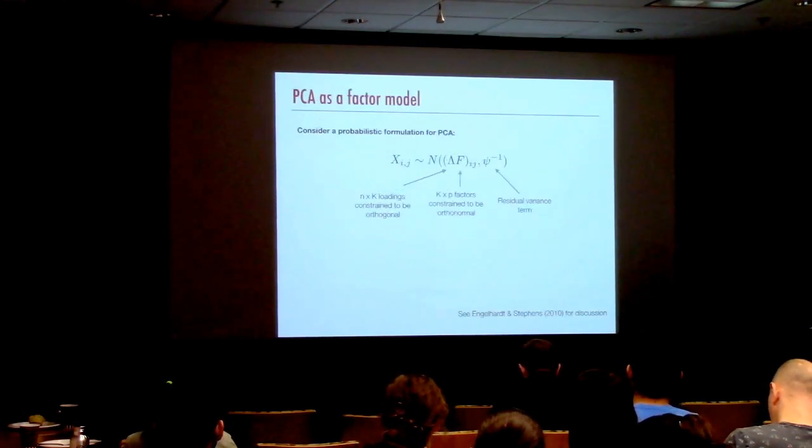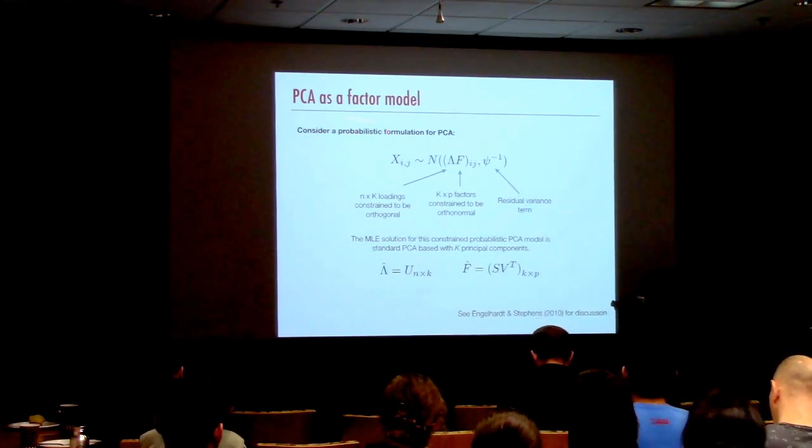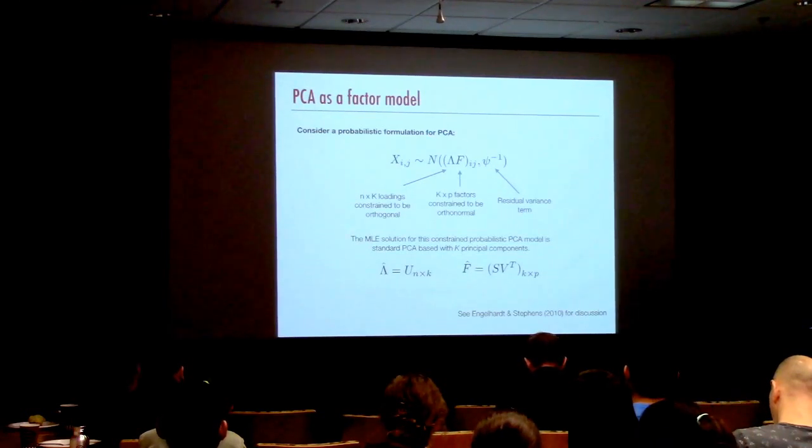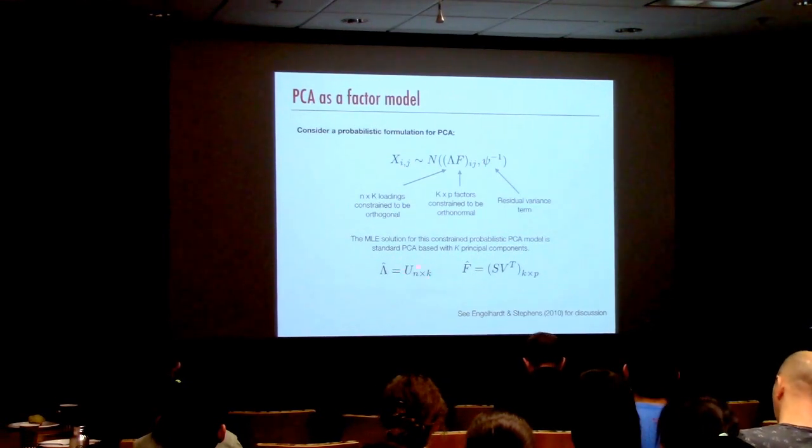Okay. This can also be seen as a factor model. If you make a probabilistic formulation for PCA where the normalized genotypes are modeled in a factor form with loadings and factors, but they're constrained to be orthogonal and orthonormal, then the MLE solution for this will be the terms that you see in the singular value decomposition.